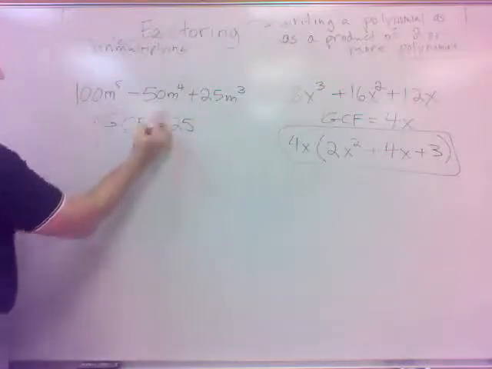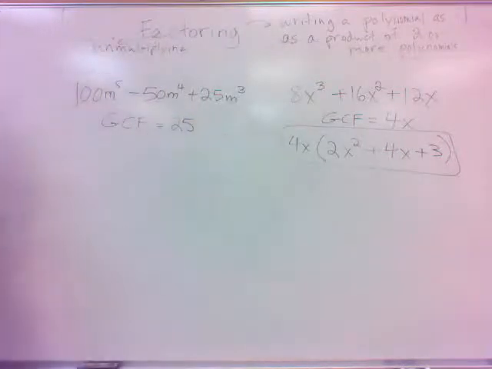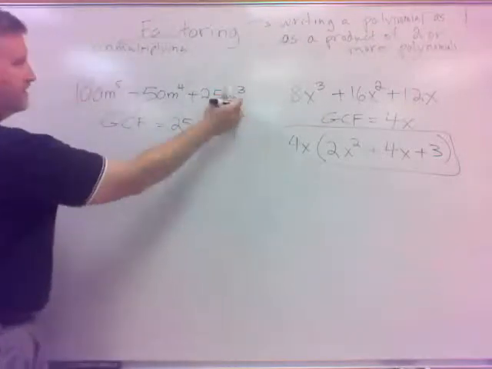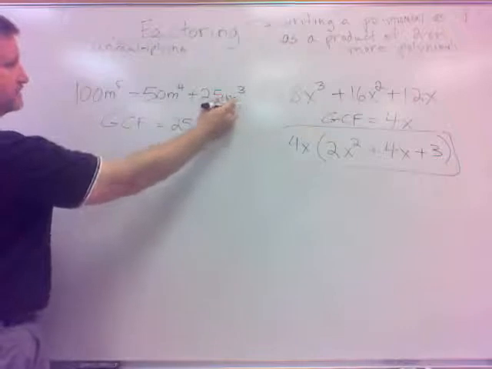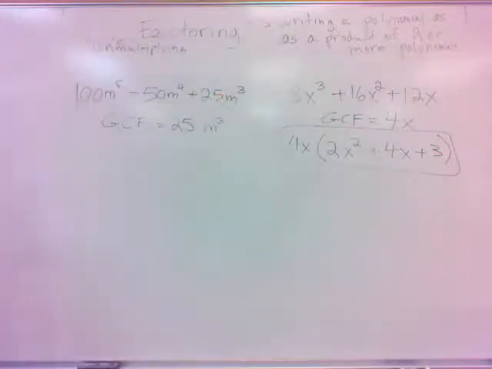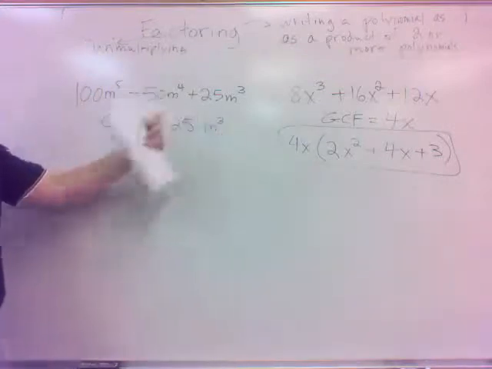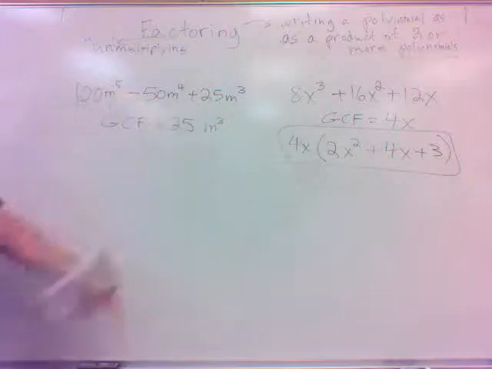Now, how does it work on the variables? There's an m, sure enough, but can I take out more than just m? I can take out m cubed, can I? Yeah, the deal is, GCF-wise, for the variable you're going to take the lowest power that all three have, which in this case would be m cubed, because m to the 4th certainly has a factor of m cubed, and m to the 5th has a factor of m cubed.